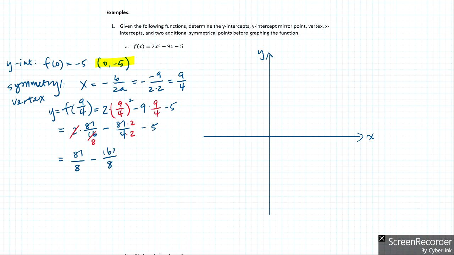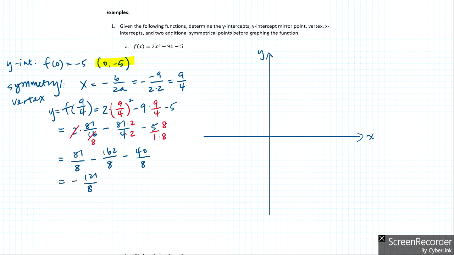81 times 2 is 162. And then minus 5, for the same reason, because 5 is technically 5/1. In order to get the denominator equal to 8, I'm going to multiply by 8 on top and bottom, which gives me 40/8. Now altogether, 81/8 minus 162/8 will be -81/8, minus 40/8, which would be -121/8.